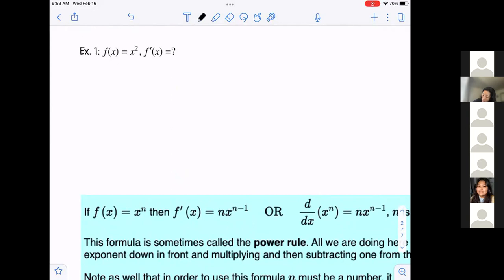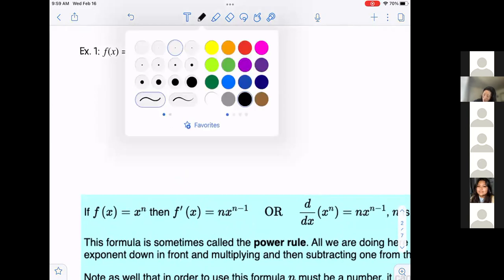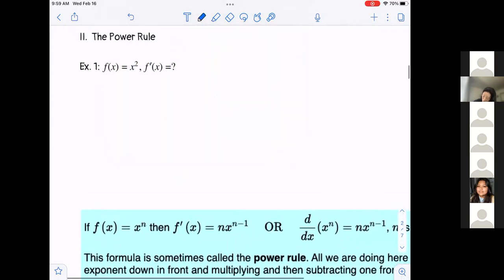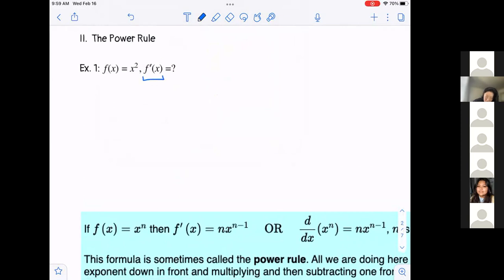There's no words in this question, but using the symbols, I've said find the derivative of f of x. When we see those symbols, that is what we are being asked to do.